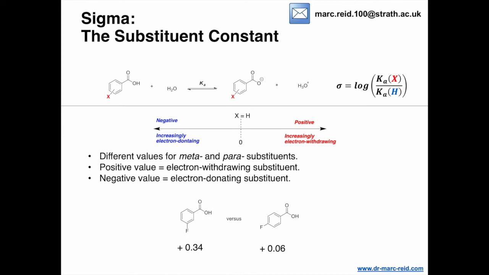In this case, para-fluoro still has a positive substituent constant, but you'll notice that it is very close to zero. In this case, we have the opportunity to highlight the electron donating resonance contributions of the halogens.